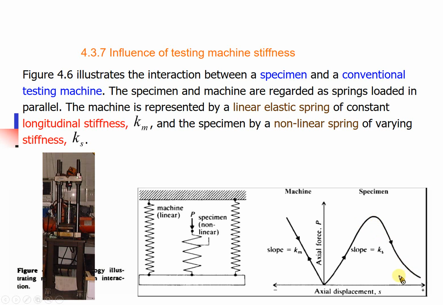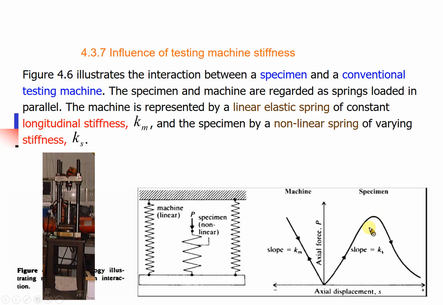However, if you have a soft machine, where the stiffness of the loading frame is not strong enough, then what happens? If you load the rock using a machine with not enough stiffness, then the stress strain curve will go up to here, to here, to here, and the rock will explode suddenly because of a brittle failure.